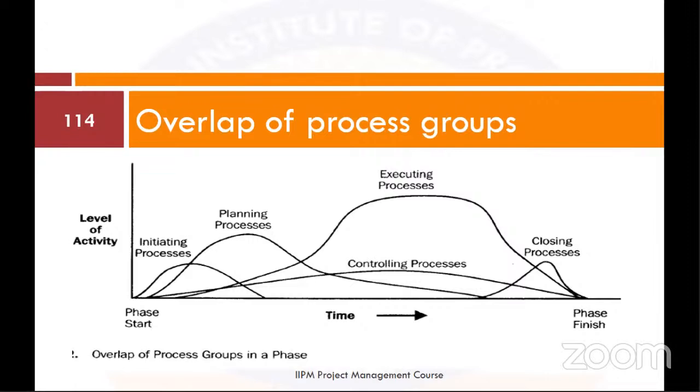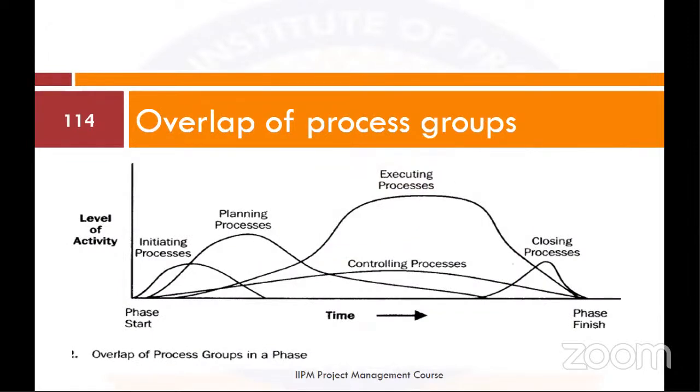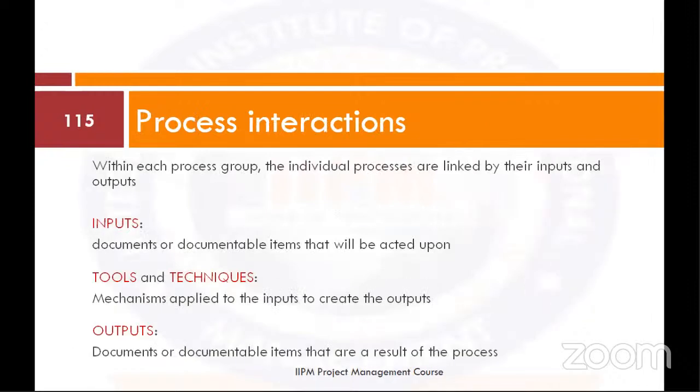Okay, so here we have the same information we've just replicated here. You have the initiating, the planning, the monitoring and controlling, cutting across all the phases, and then you have the executing and closing. Now, process interactions.